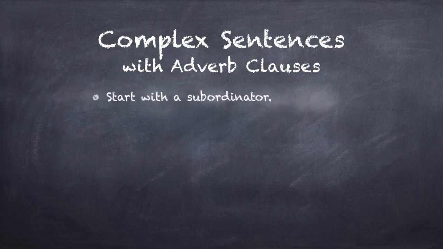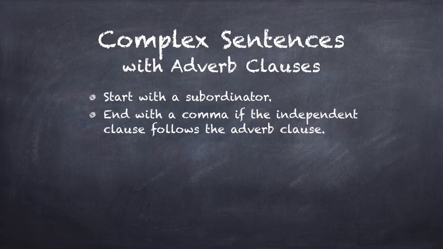Adverb clauses start with a subordinator, and they have a comma after them if the independent clause comes after the adverb clause. If the adverb clause comes second in the sentence, that's to say, after the independent clause, we do not use a comma.